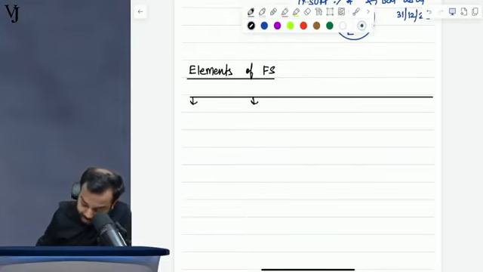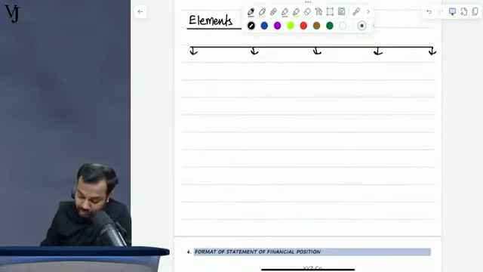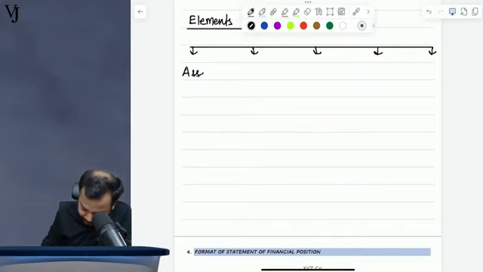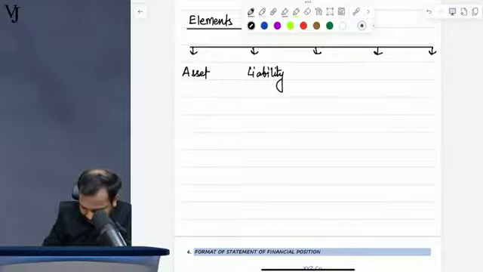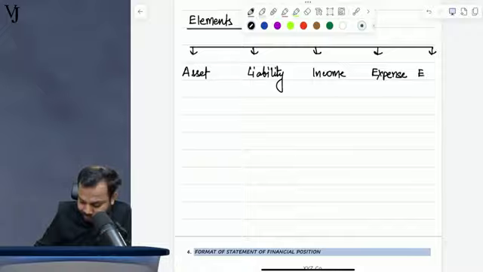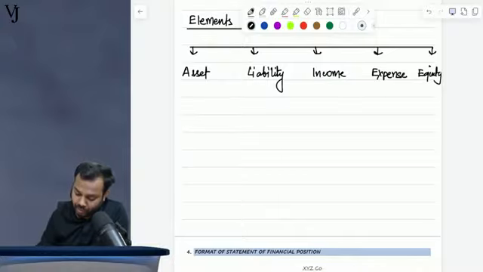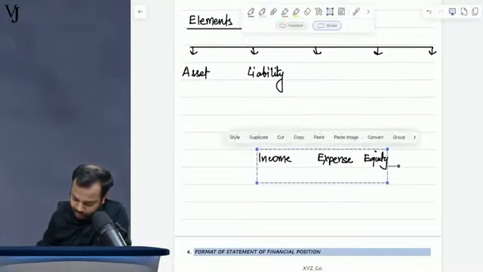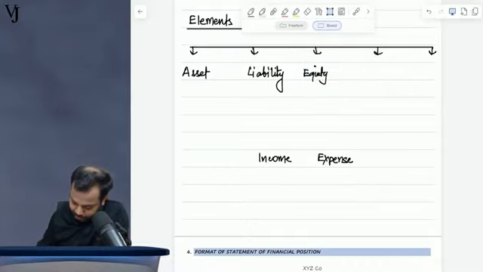There are 5 elements: asset, liability, income, expense, equity. Or I'll say it like this: equity will come up here, income will come up here, expense will come up here.